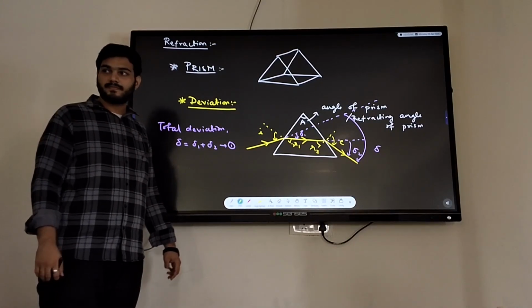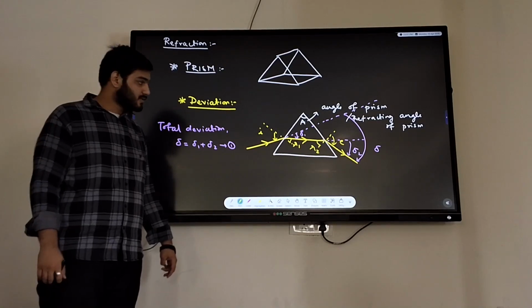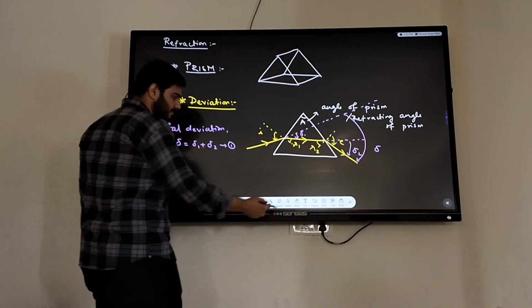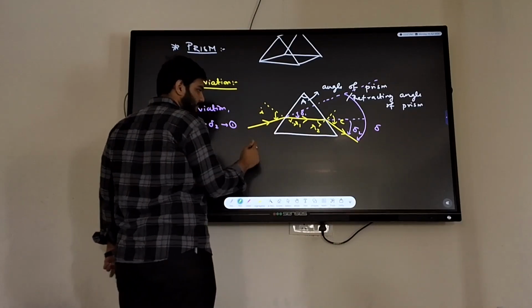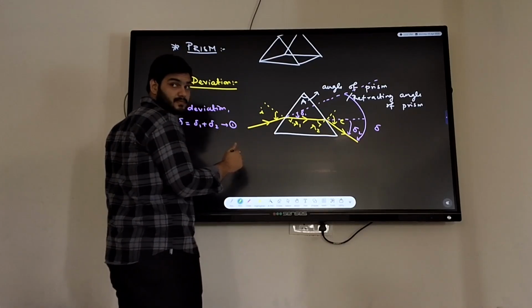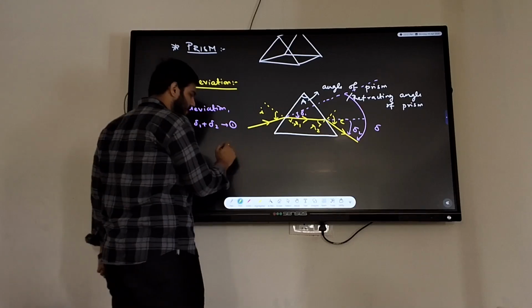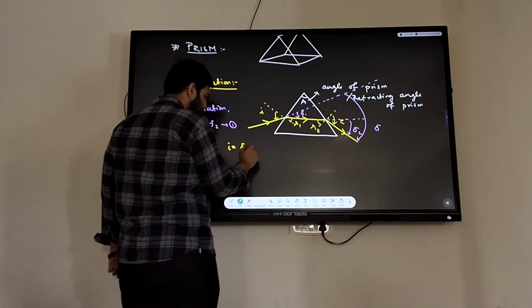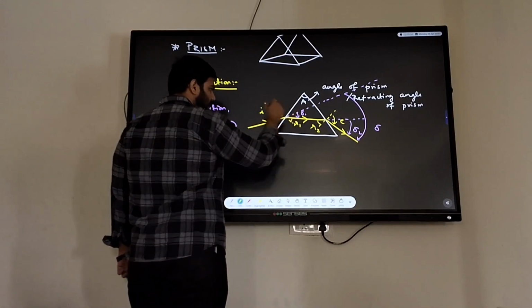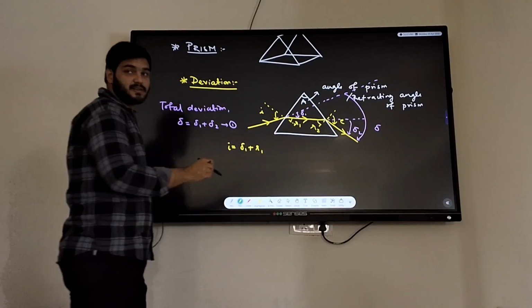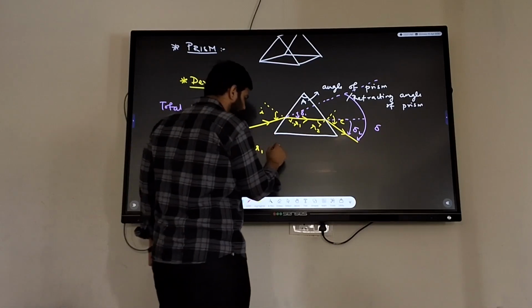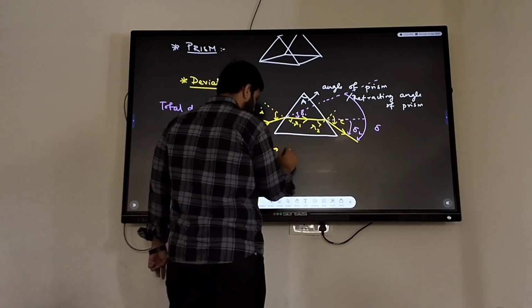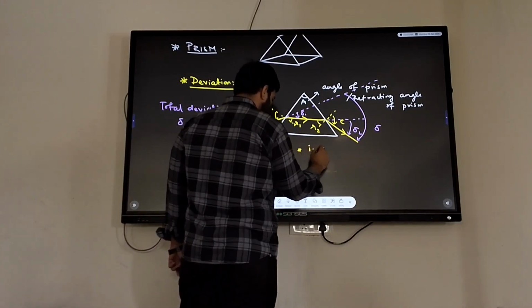I is equal to delta 1 plus R1, because these are vertically opposite angles. Can you see that? Yes. So then what will be delta 1? That's I minus R1.